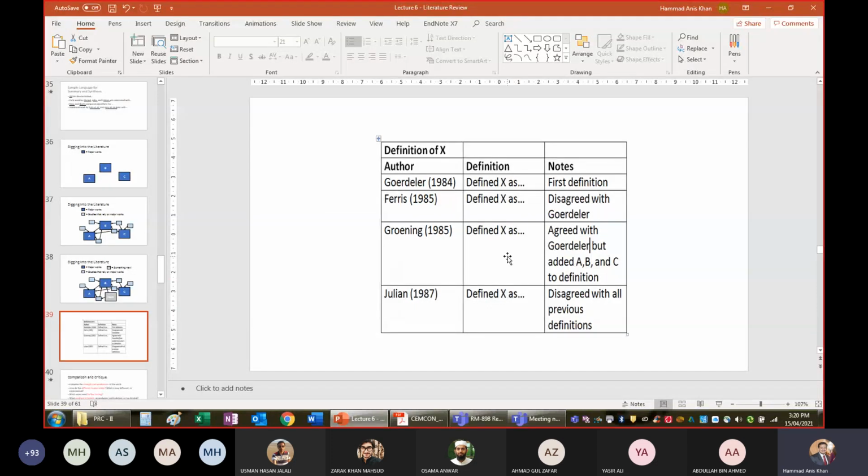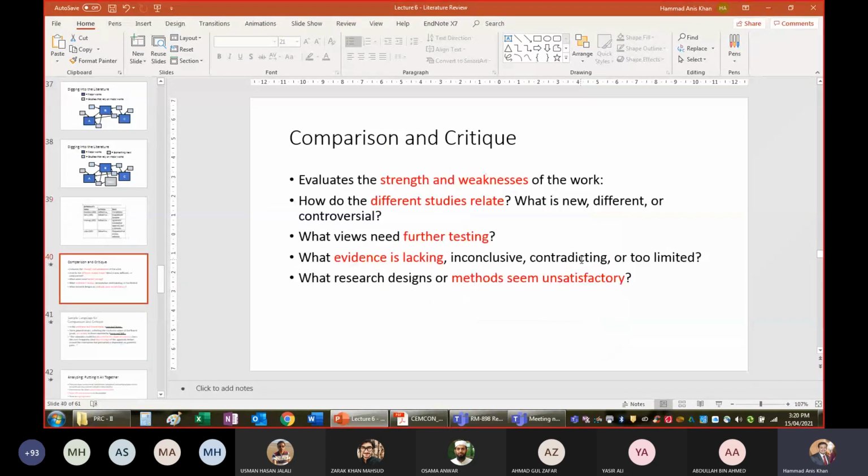All are trying to answer the same thing, X. But with the passage of time, the definition has improved, in that people have researched and defined it using multiple different techniques. So comparison and critiquing is evaluating the strengths and the weaknesses of the work.